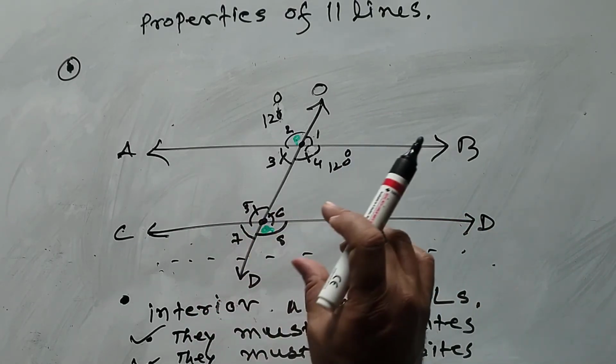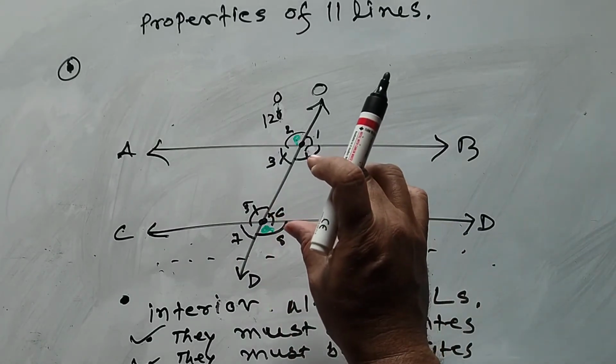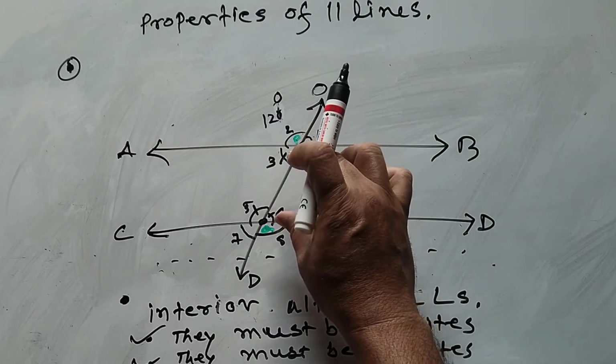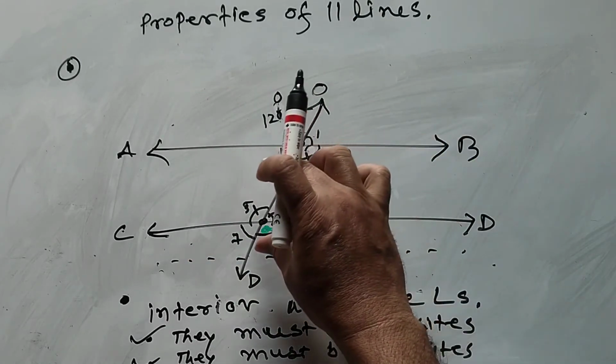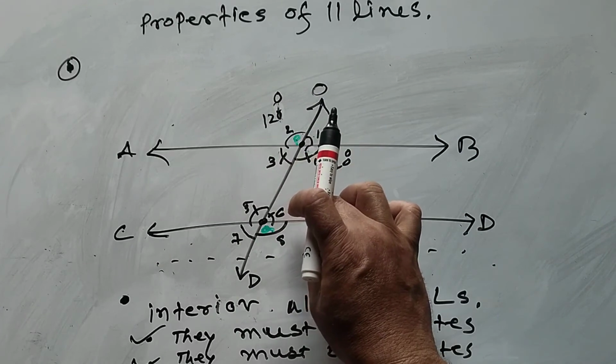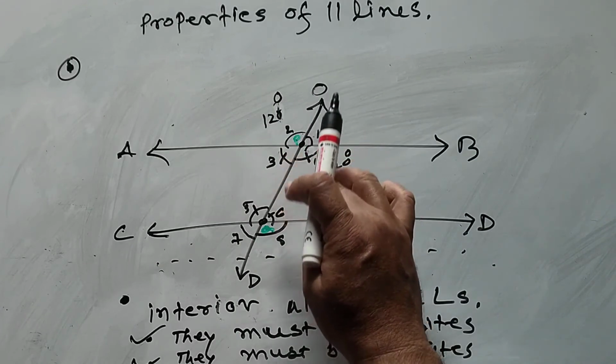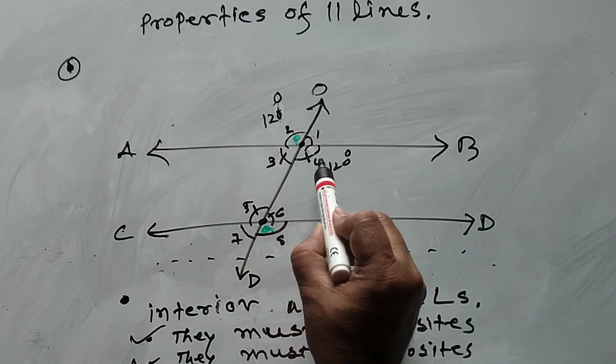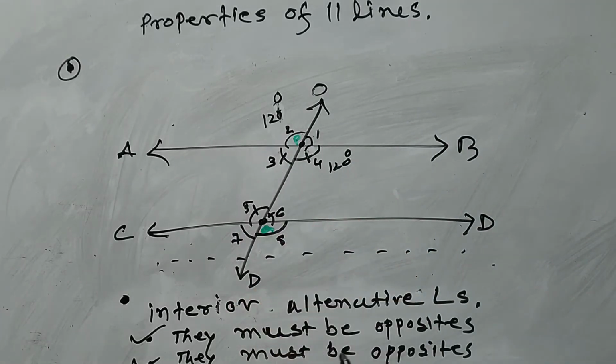So here, according to the drawing, the interior angles must be between the two parallel lines. So here interior angles are 3, 4, 5, 6, but in this definition we say that they are interior alternate angles.